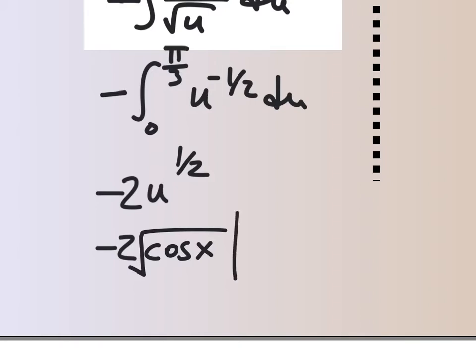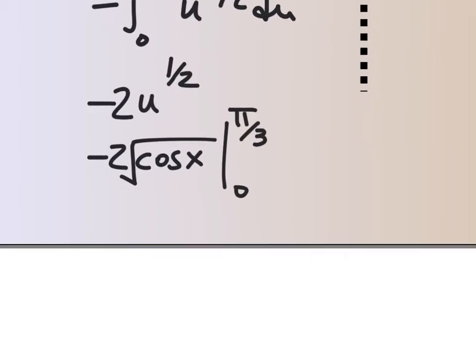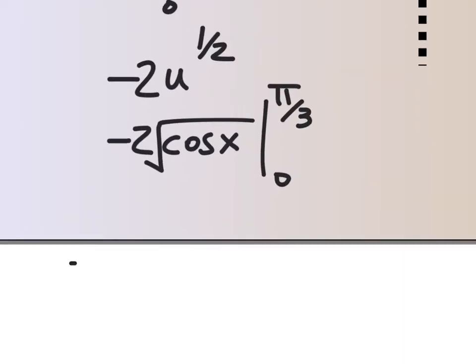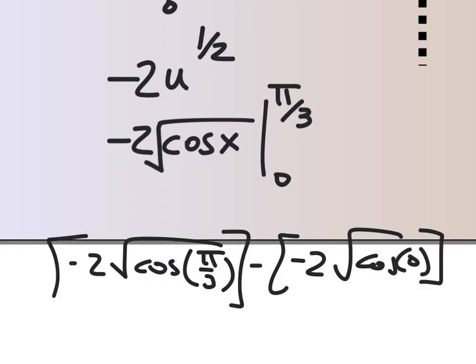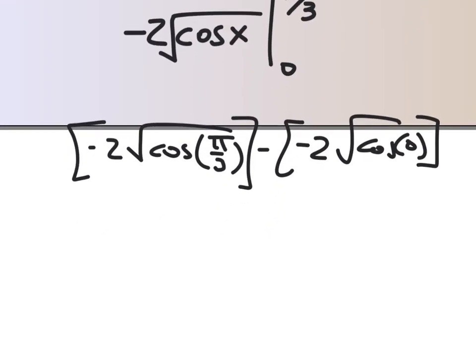So let's evaluate that from 0 to pi over 3. So that'd be negative 2 square root of cosine of pi over 3 minus negative 2 square root of the cosine of 0. Okay, pay attention to that negative there. So that's negative 2 square root of cosine of pi over 3, what is this?